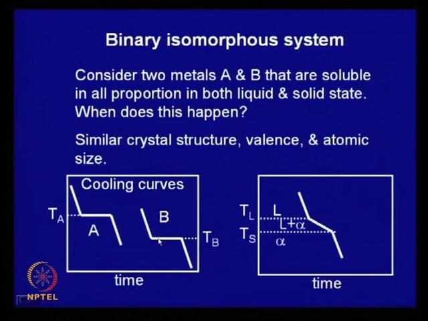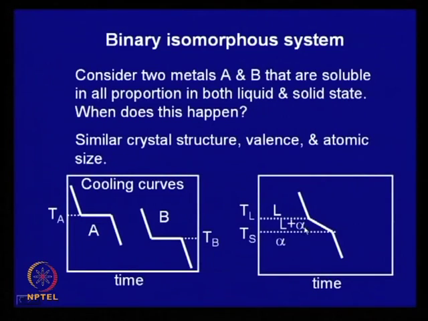It does not have a step as over here, and the solidification of this alloy will begin at a temperature which, depending on the composition, is lower than the melting point of A, and the process of solidification will be completed at a temperature a little higher than the melting point of B. So, we define T L as the temperature at which solidification begins, when crystals of an alloy alpha form.